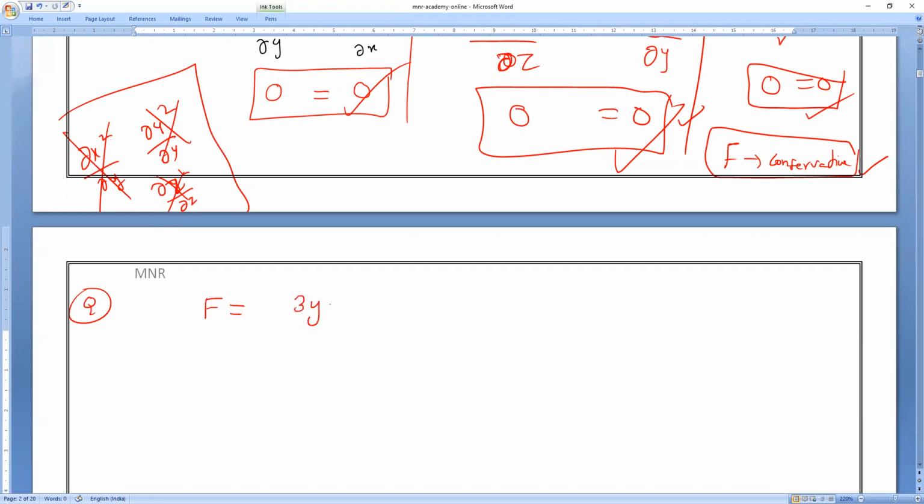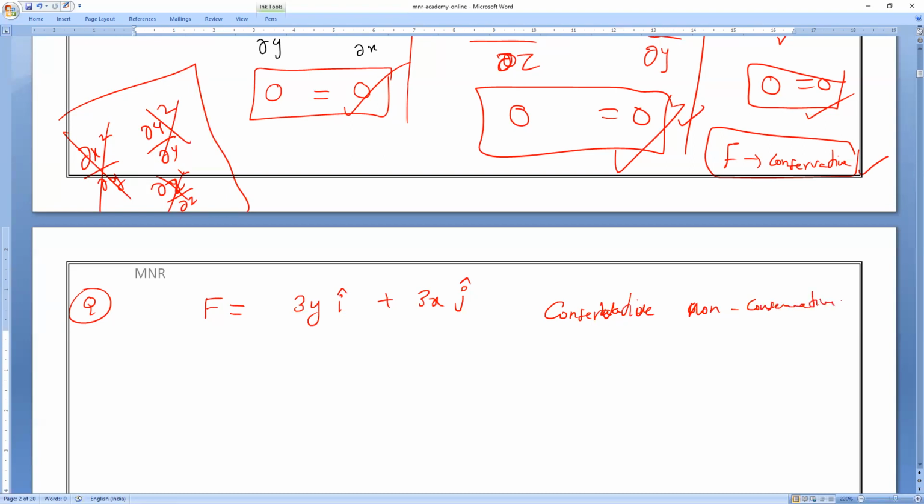So now, the given force is 3y i cap plus 3x j cap. Now we have to find whether it is conservative or non-conservative. Clear, everybody?